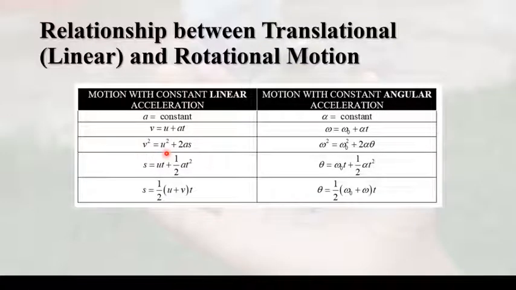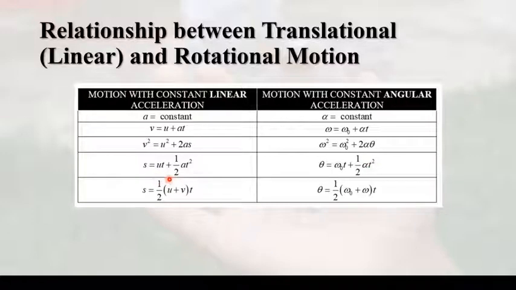So you have v squared equals u squared plus 2as. How are you going to change it to an equation that can be used in chapter 8? v is omega, so omega squared equals omega naught squared plus 2 alpha theta. It is exactly the same; you just replace the symbols with the symbols that we use in chapter 8.